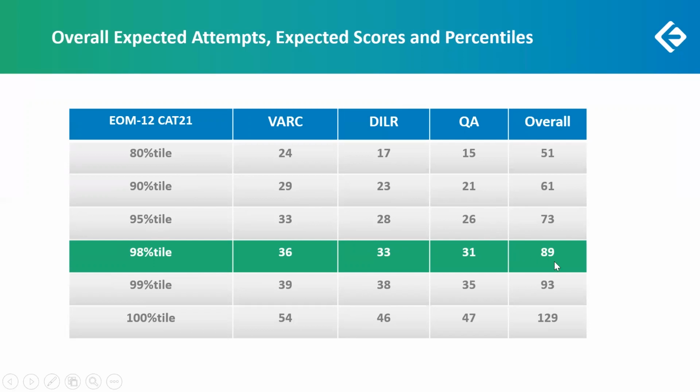An overall score of 89, 36 in VARC, 33 in DILR, 31 in QA, fetches you a 98 percentile. An overall score of 93 with 39 in VARC, 38 in DILR, 35 in QA, fetches you a 99 percentile. An overall score of 129 with 54 in VARC, 46 in DILR, 47 in QA, fetches you a 100 percentile.